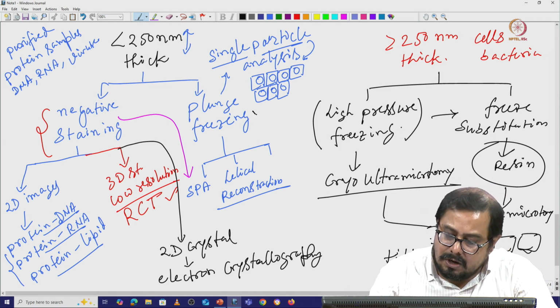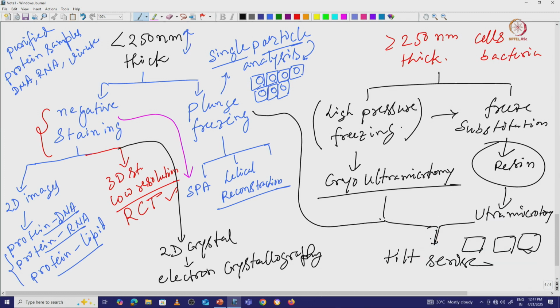Now, electron tomography, you can use it for these samples also, if you have a bacteriophage or normal phage, or you have a liposome with protein embedded and you want to do the tomogram, you can use this also as a tomography sample. I will show you a couple of these examples when we discuss the data processing and 3D reconstruction of this tomography sample.